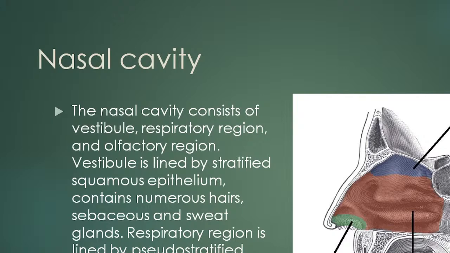The lamina propria of this part is vascularized by many capillaries, and it helps to warm the inspired air. The lamina propria contains mucus and serous glands too.